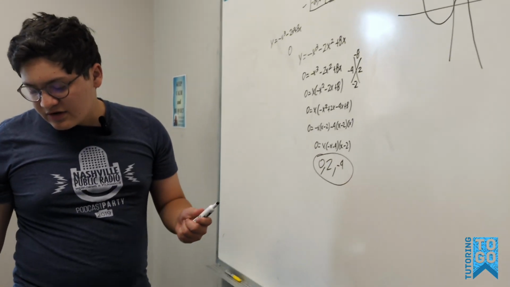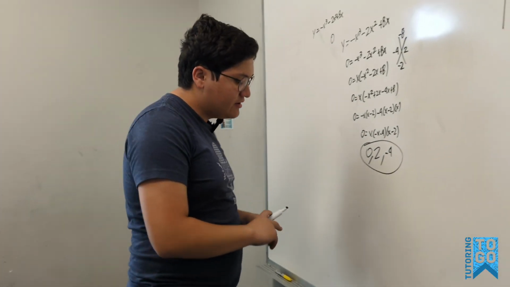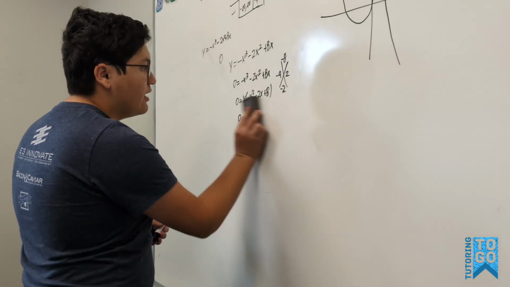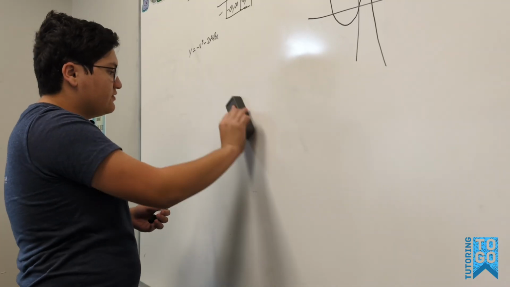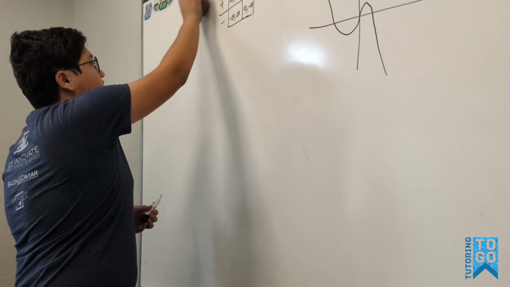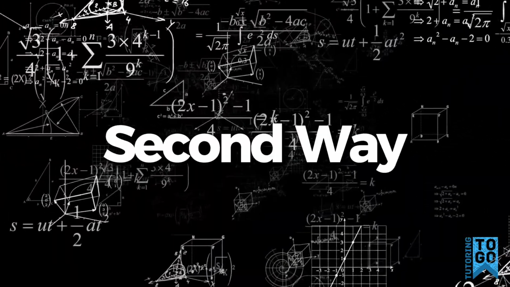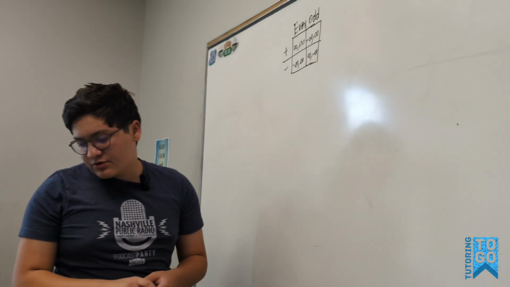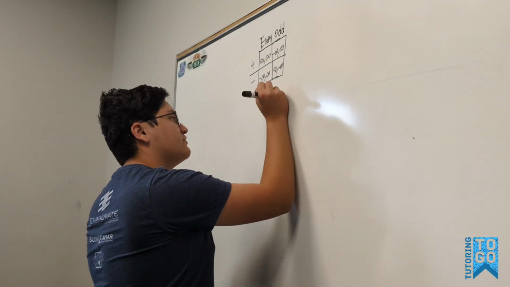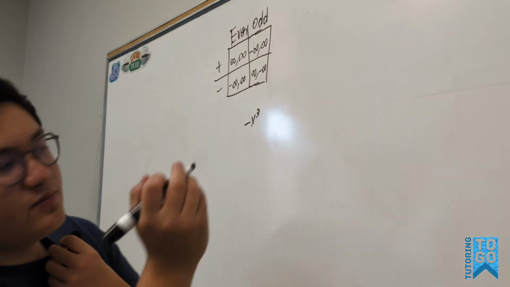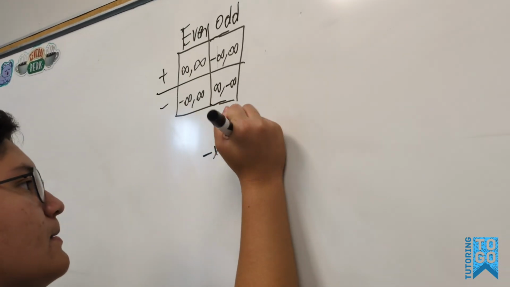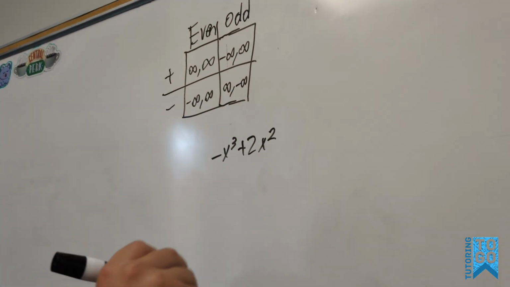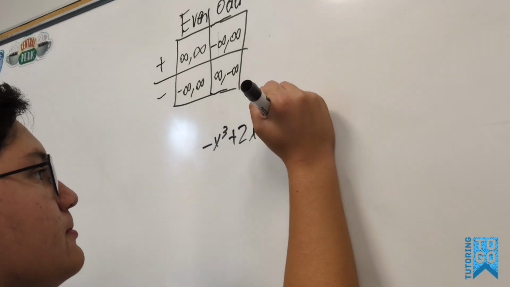There is another important way of finding zeros. I'm going to pull out a different example function. In this case, we're going to be using negative x cubed plus 2x squared plus 9x minus 18.